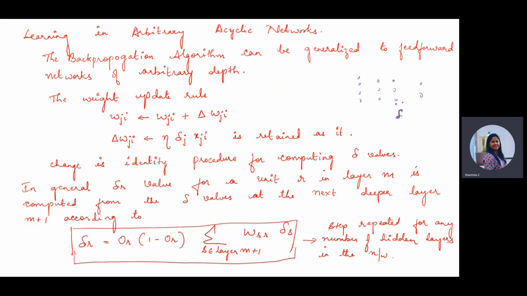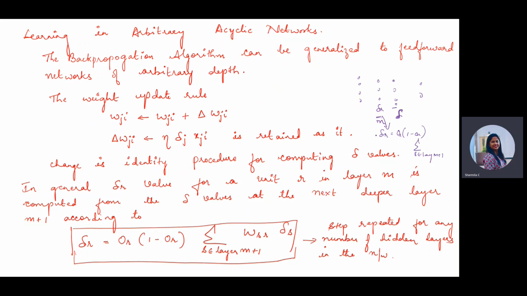In general, the delta r value for a unit r in layer m is computed from the delta values at the next deeper layer, layer m+1. So the error term at this layer is delta r equals Or times (1 - Or) times the sum over s belonging to layer m+1 of Wsr times delta s.